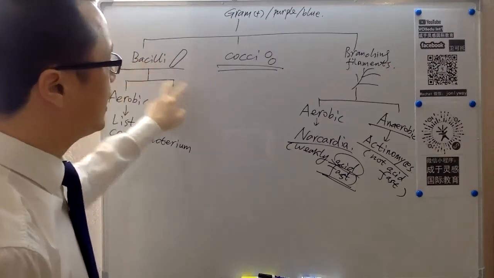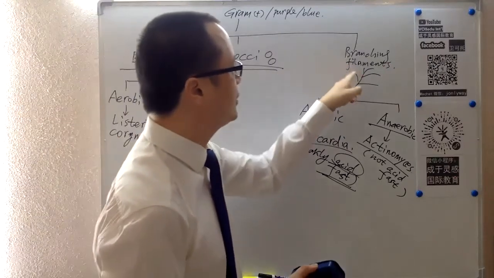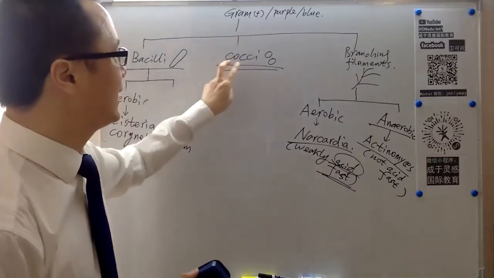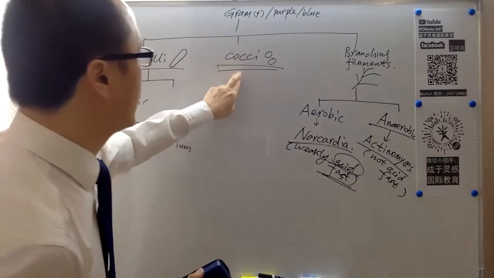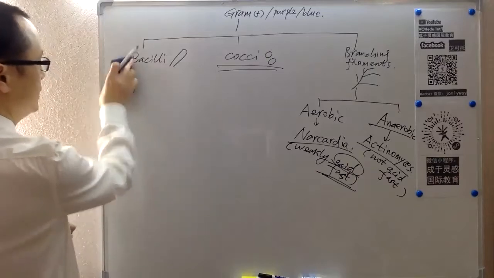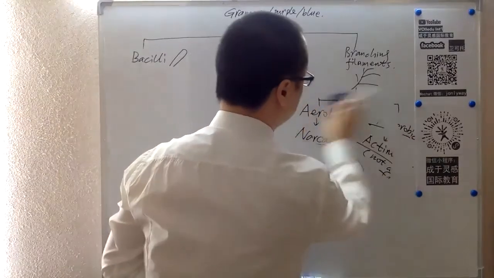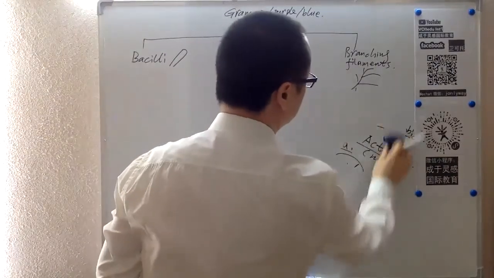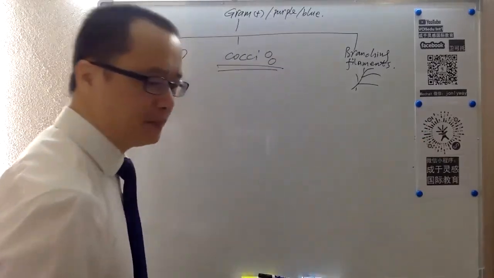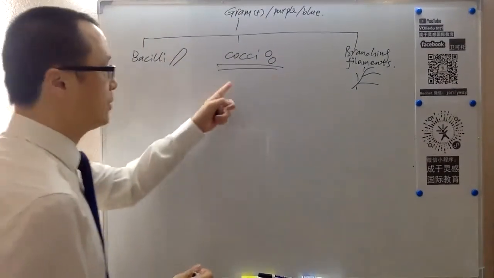Except for the bacilli and the branching filaments, there are many more bacteria in the category of cocci. I would like to wipe off the words about the bacilli and the filaments and leave the blank place for the cocci.